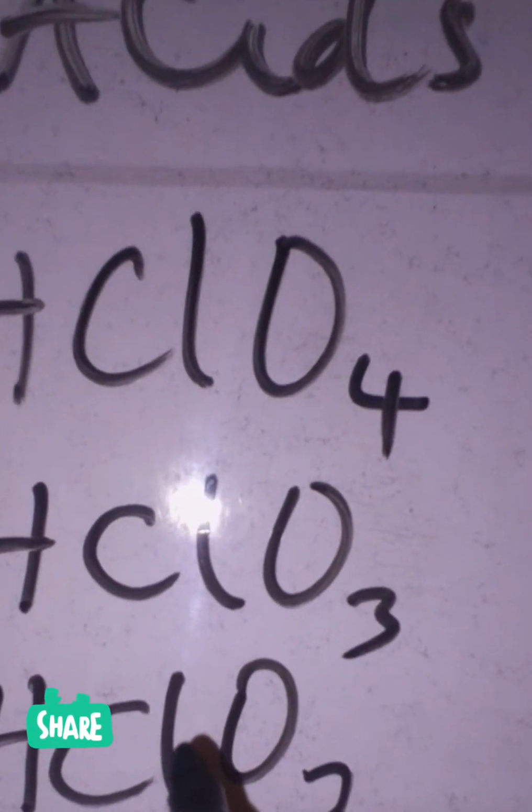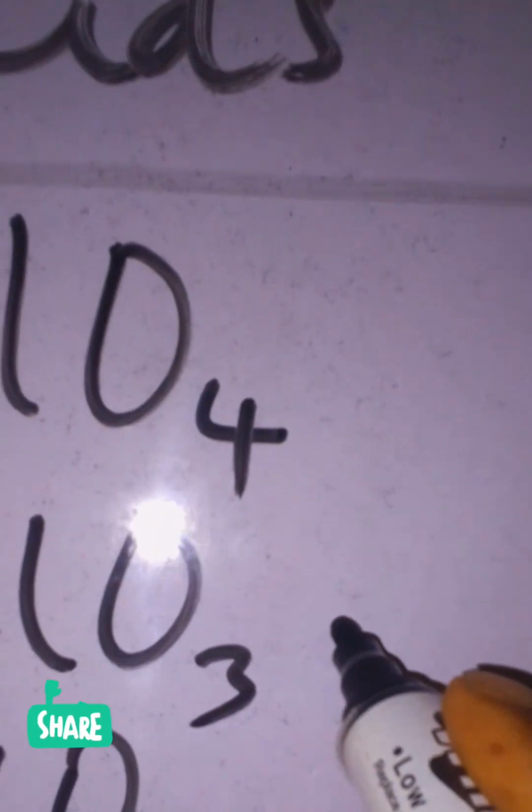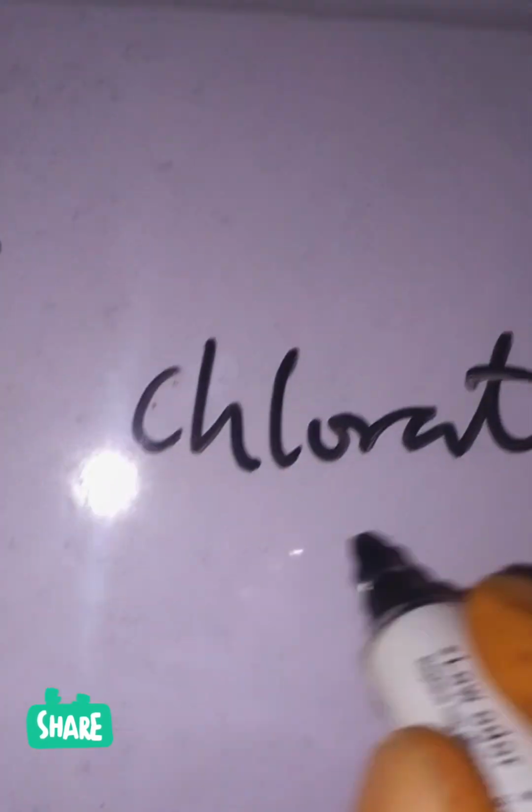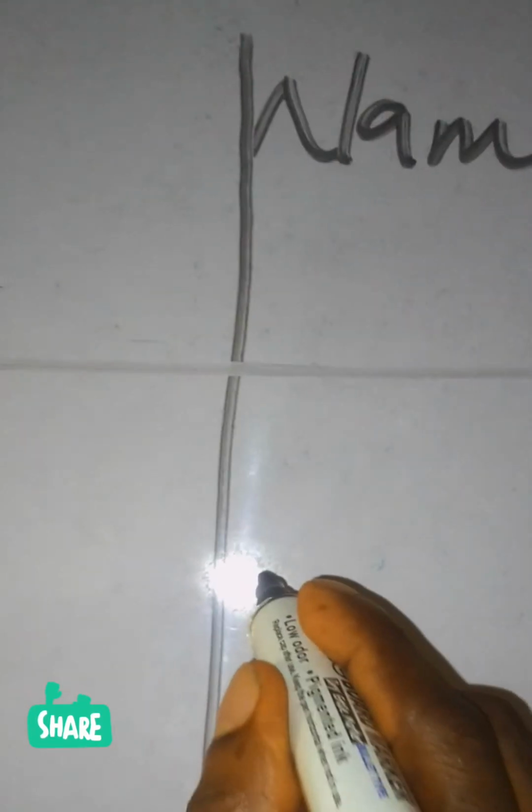How do we name that? Go back to the reference. The reference is ClO3-. The corresponding acid is HClO3. So if the name of the oxyanion is chlorate, the acid is going to have an ic ending. Therefore, the name of the acid is going to be chloric acid.